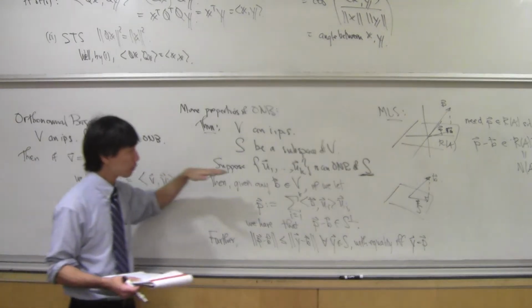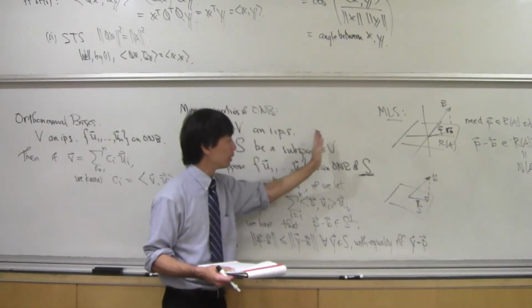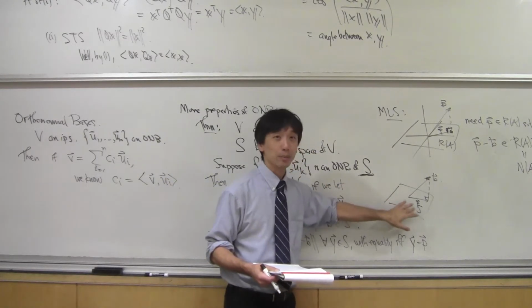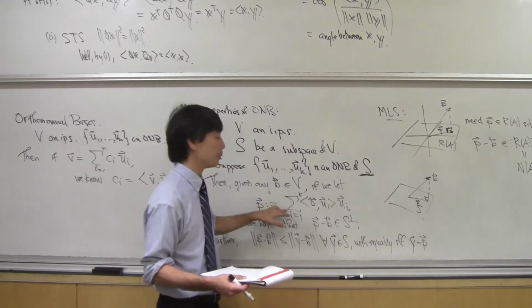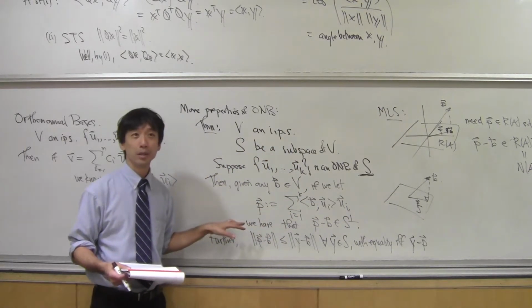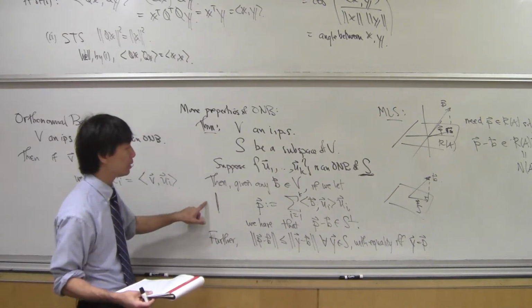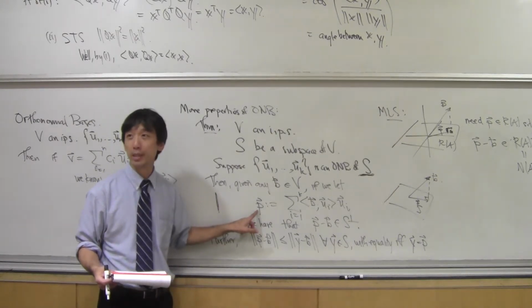So if we use the part that we have, we're going to get somebody in S, and that turns out to be our projection. This is the difference: with an orthonormal basis, we can figure out P easily.